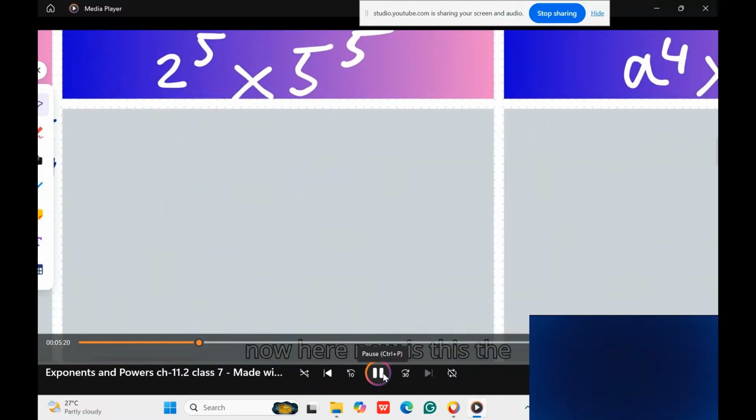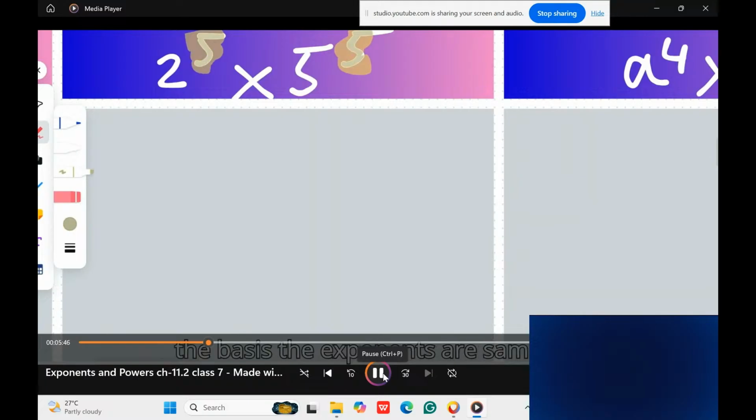Now here, is this the rule of adding the powers when two exponents are being multiplied, or does it look a little different? It's a little different. This rule is different than what we have seen till now. Here also we are multiplying, but here instead of the bases, the exponents are same.